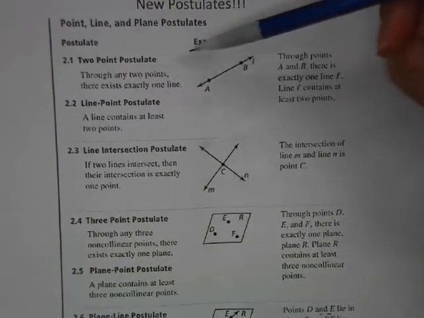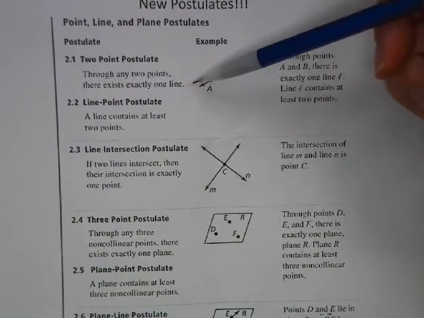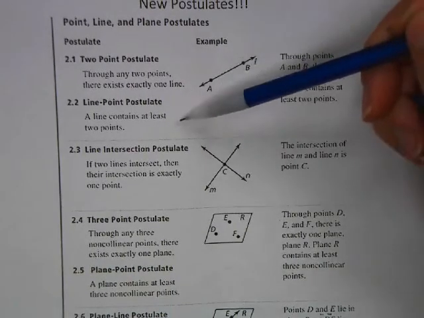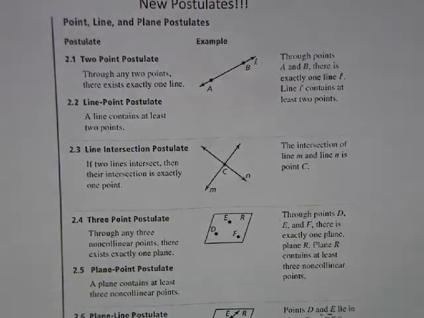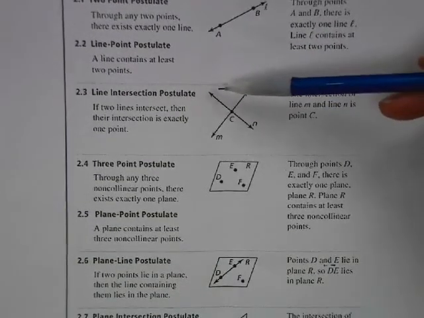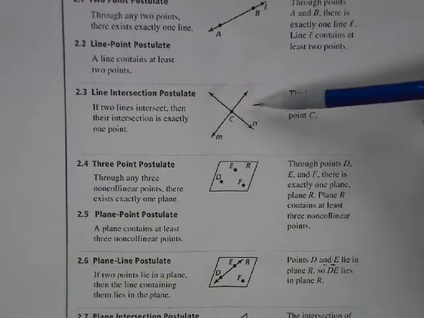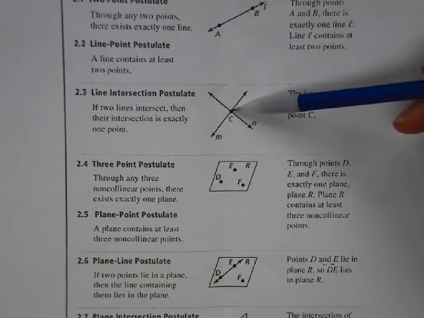So you have the 2-point postulate, which says through any 2 points there exists exactly one line. And then the line point postulate: a line contains at least 2 points. Then you have the line intersection postulate. If 2 lines intersect, then their intersection is exactly 1 point.